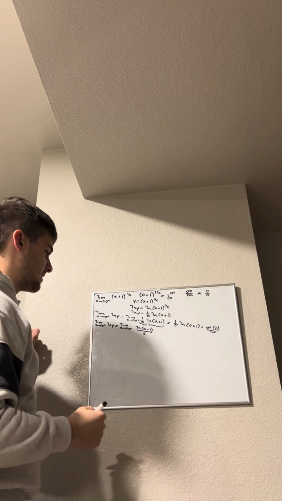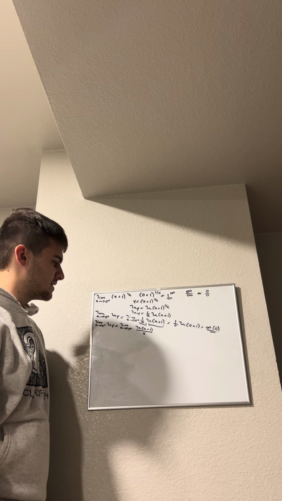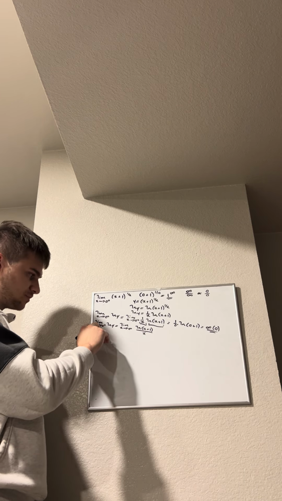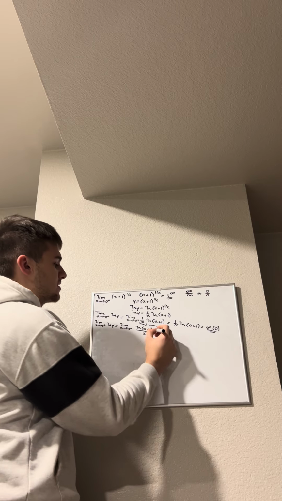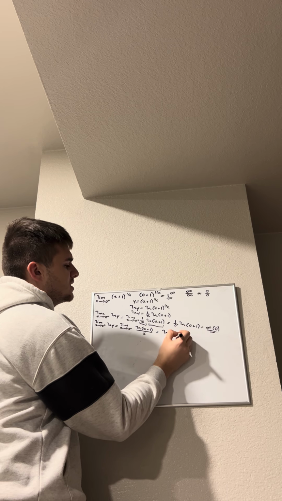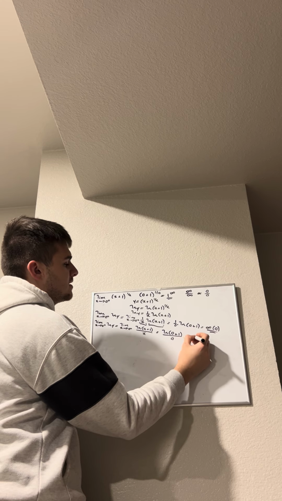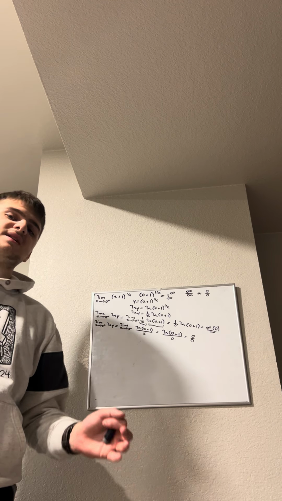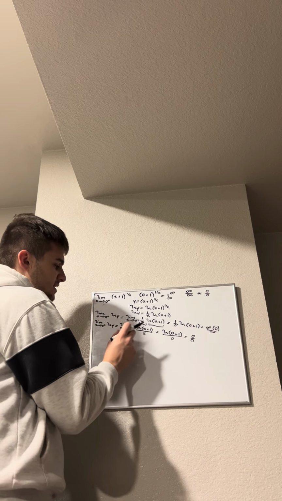Now we apply the limit value into the new expression. So we have ln of (0 + 1) over 0, which should just be 0 over 0.